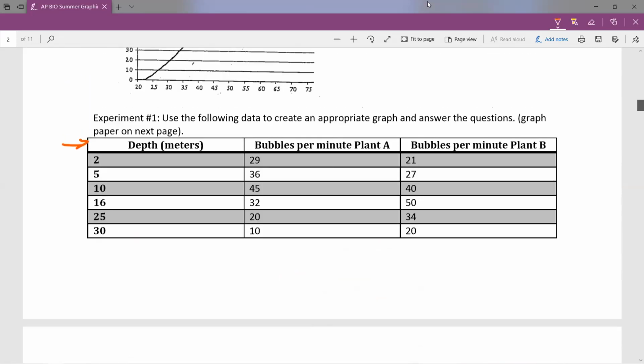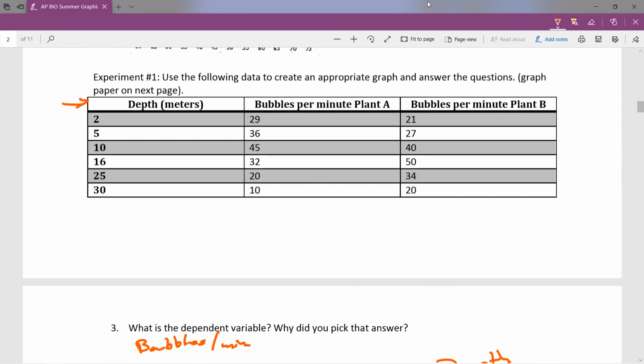And we have to decide what our scale is going to be. So our depth goes from 2 to 30. It would probably be convenient to call that 0 to 30. And our lowest number of bubbles is 10 and our greatest number of bubbles is 50. So this scale is going to need to go from 10 to 50.